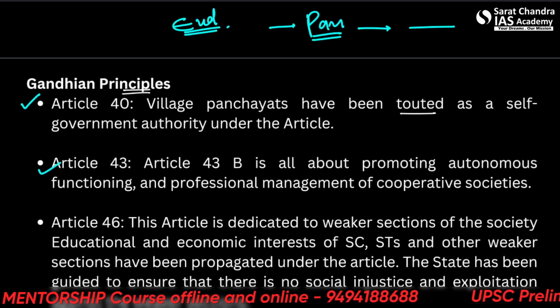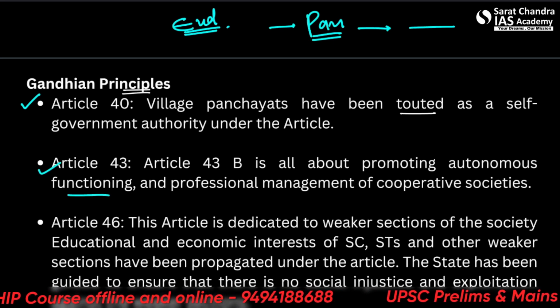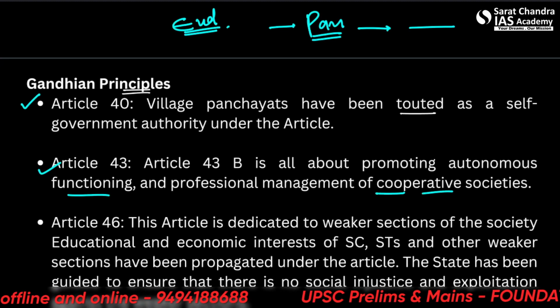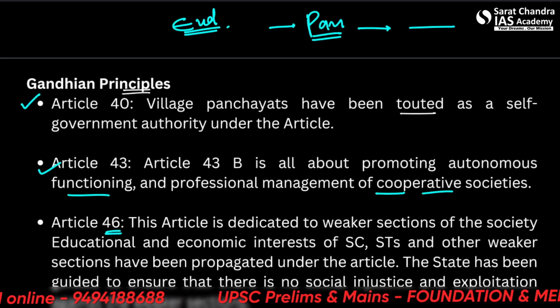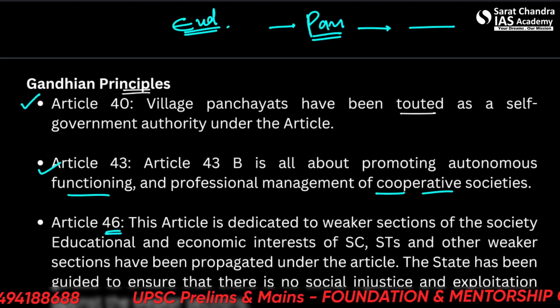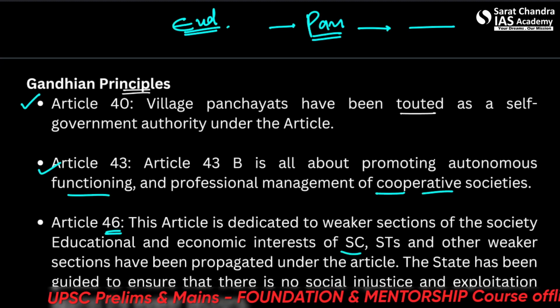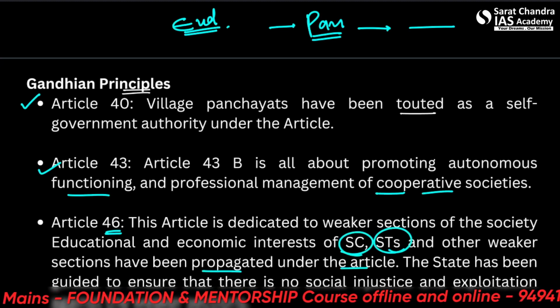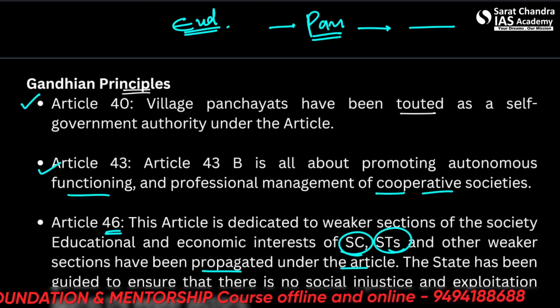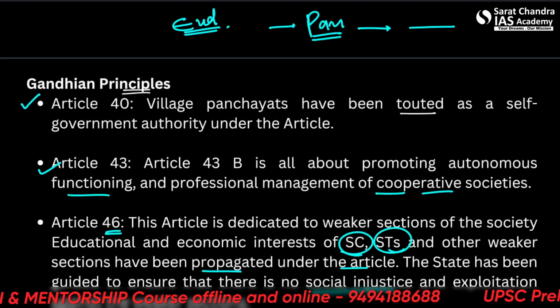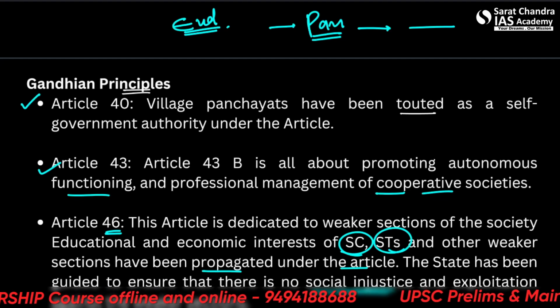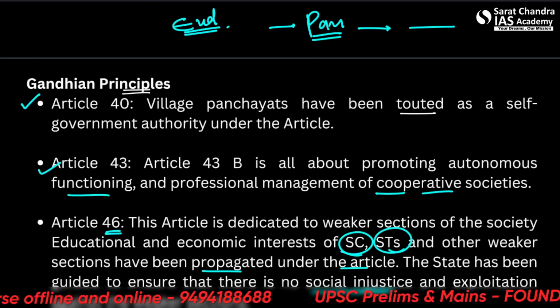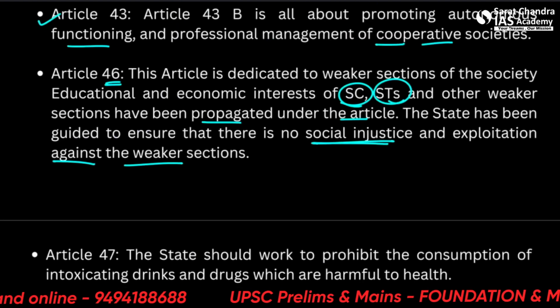Article 43 told us about promoting autonomous functioning and professional management of cooperative societies. Article 46, on the other hand, is dedicated to weaker sections of society, and educational and economic interests of SC, ST and other weaker sections have been propagated under this article. The state has been guided to ensure that there is no social injustice and exploitation against the weaker sections. So these are Gandhian principles.